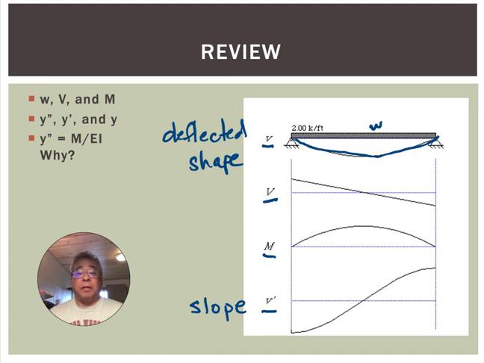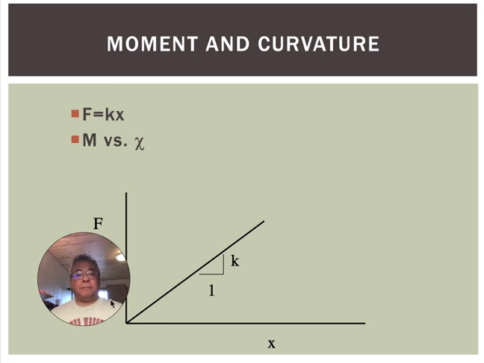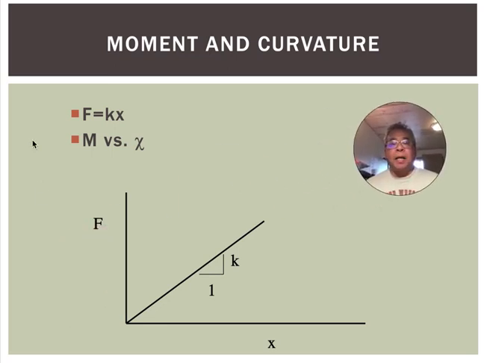What I'd like to talk about though is moment and curvature. You know F equals kx for a spring, right? So you know that. We have something similar, which is moment versus curvature. So this is force versus displacement, and the slope is the spring constant.